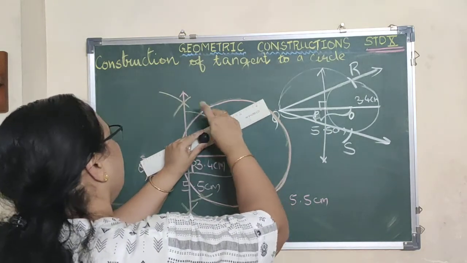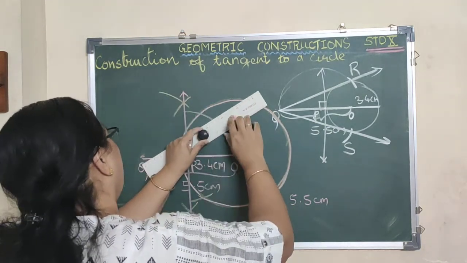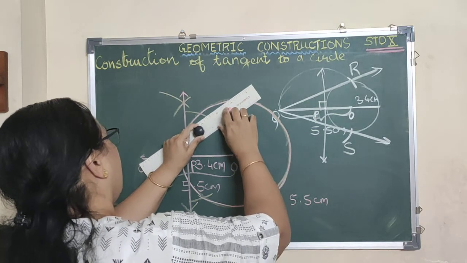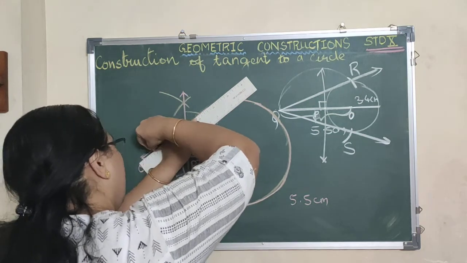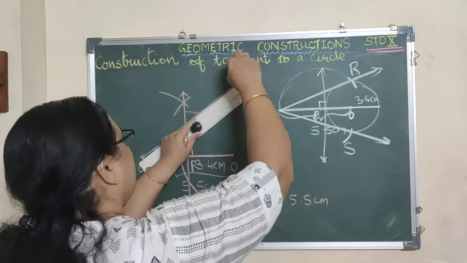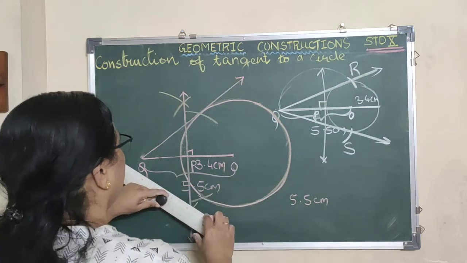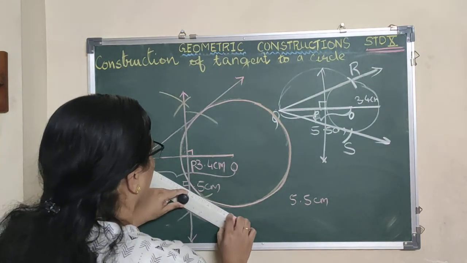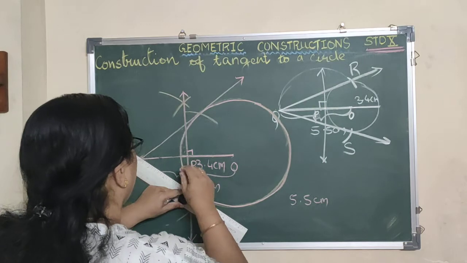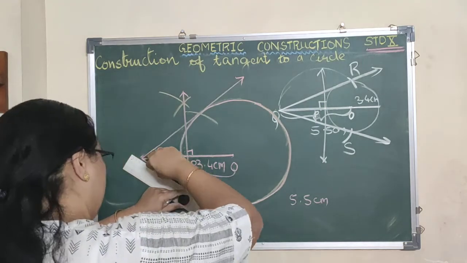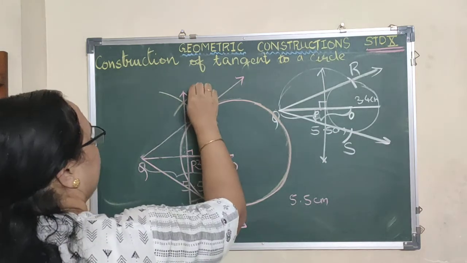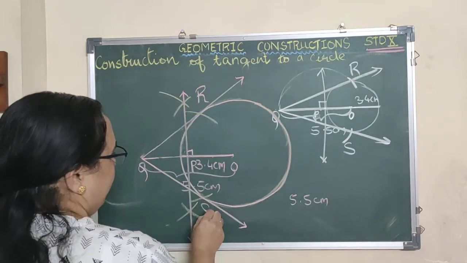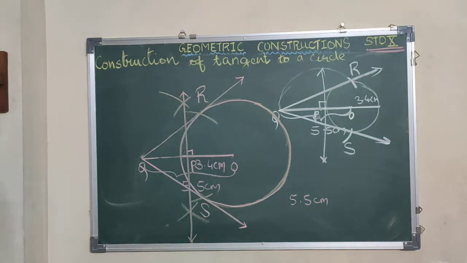From point Q to this common point, draw a line. When you draw that line, you will find it is exactly a tangent touching at only one point. So you have QR and QS as the tangents drawn from point Q to the circle.